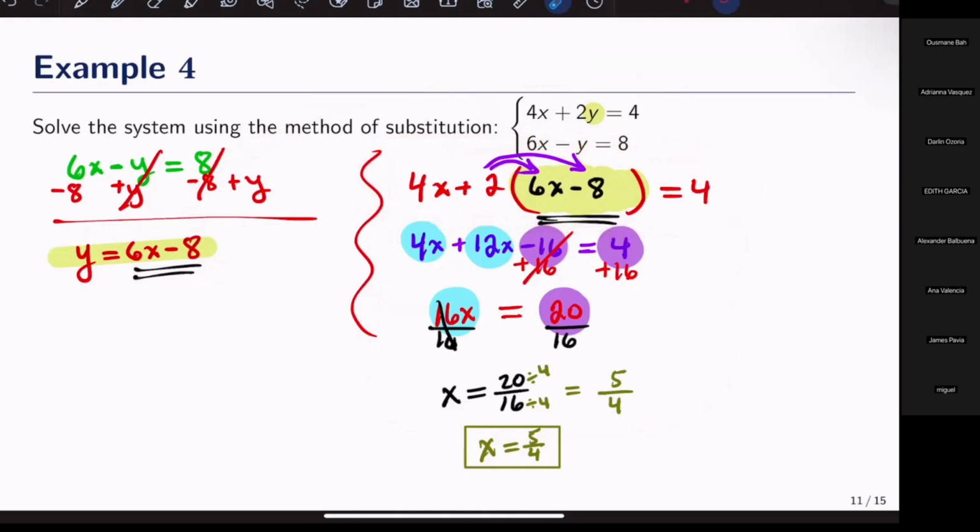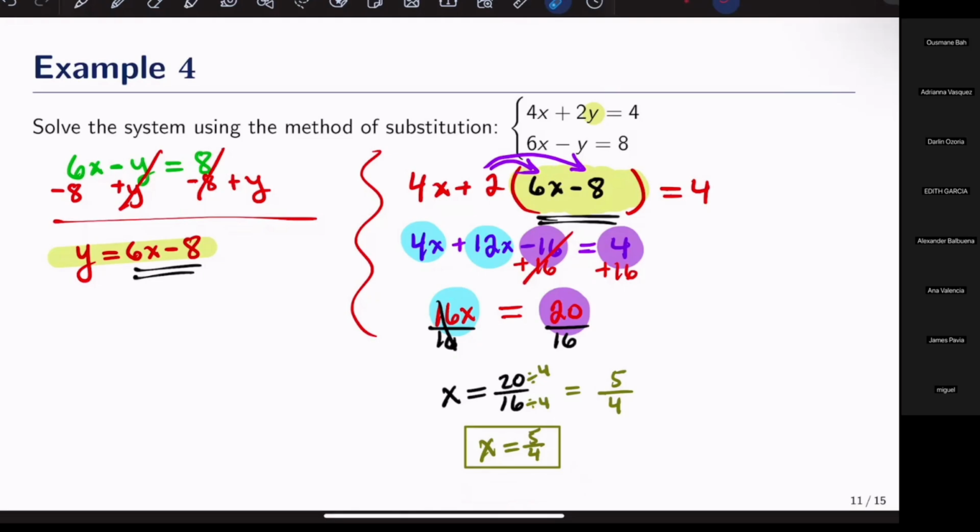Why did we do that? Well, whenever we have a one variable equation, we are now able to solve for that variable. And we did so using our basic algebra, our distributive property in this case, and our inverse operations. We were able to figure out that our x value is 5/4.